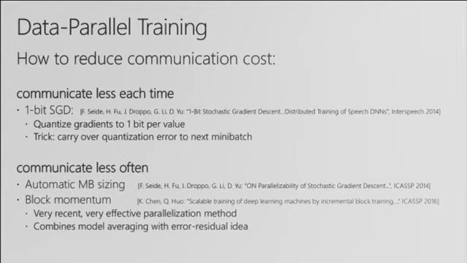We can also communicate less often by automatically increasing the mini batch size or adopting a new algorithm called block momentum. I don't have time to go into details of each of these algorithms, but you're welcome to read these papers to understand the ideas behind them.